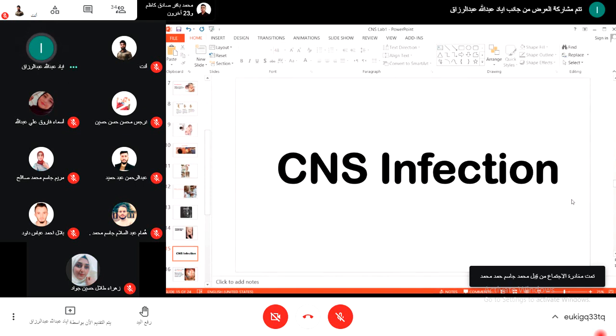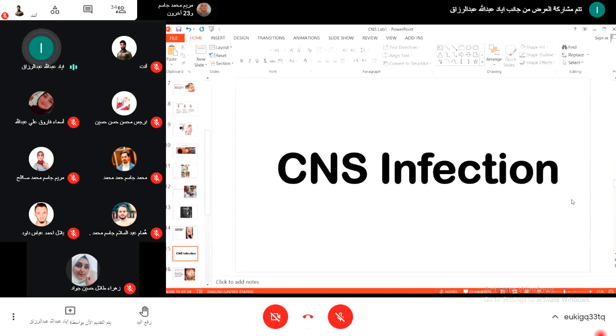Myelitis refers to inflammation of the spinal cord, encephalitis refers to inflammation of the brain, and meningitis refers to inflammation of the meninges.